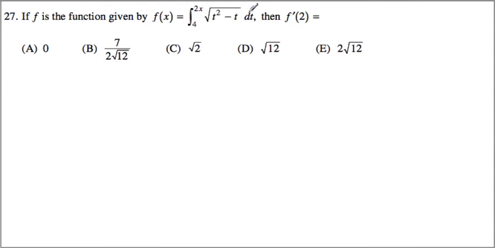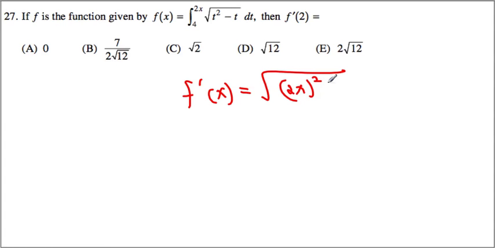When you take by the fundamental theorem of calculus, we just have to plug in 2x in place of t. So f prime of x will be equal to square root of 2x squared minus 2x, except that we just have to get the chain rule done, which will multiply 2 at the end, which is the derivative of 2x.